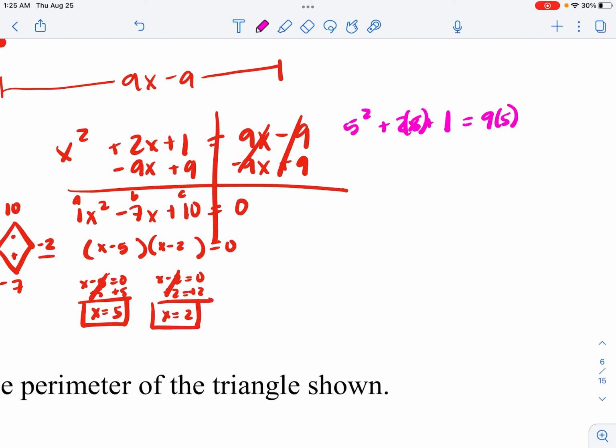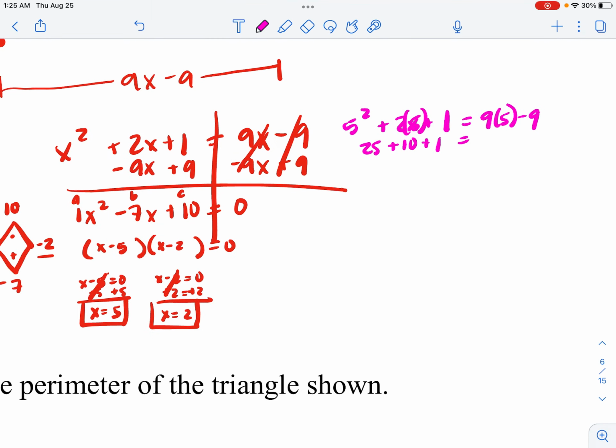Oops, this should be a 5. Minus 9. So we get 25 plus 10 plus 1. And here we'll have 45 minus 9. We should get 36 is equal to 36.